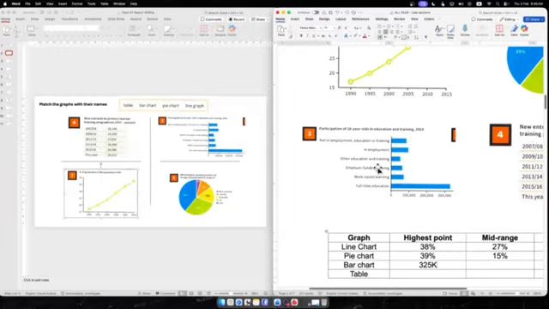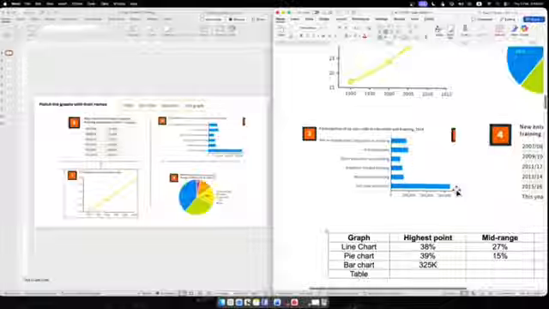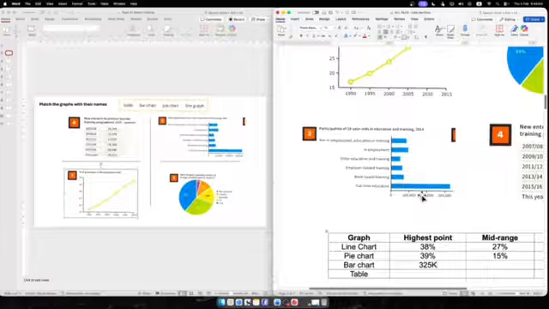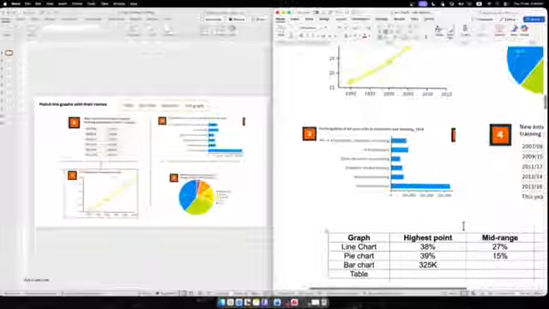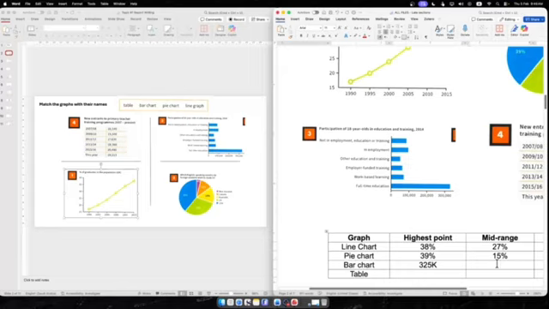Okay. And we have the mid-range. In employment, this is a bit tricky because all of these groups are very close to each other. So we'll have to pick the one that is relative to full-time education. Okay, so in employment is the most relative one as a mid-range trend or piece of data.